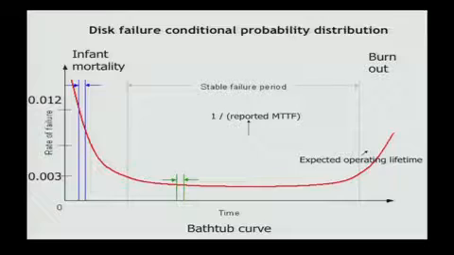They're called infant mortality. Then we get out of the infant mortality period, and there's a period of time that is the low end, the bottom of the bathtub curve. Here things are operating in this 3,000 hour period, and that is exactly where the disk manufacturers compute their mean time to failure.